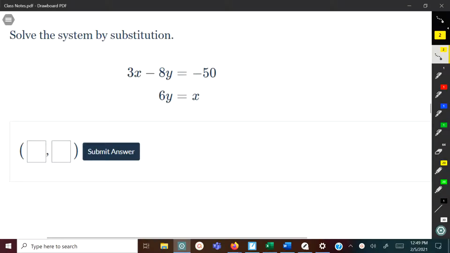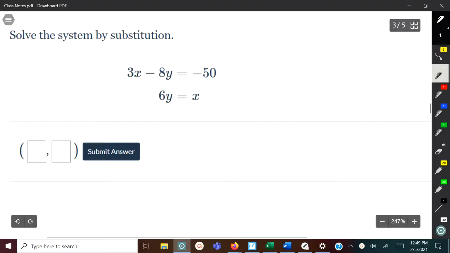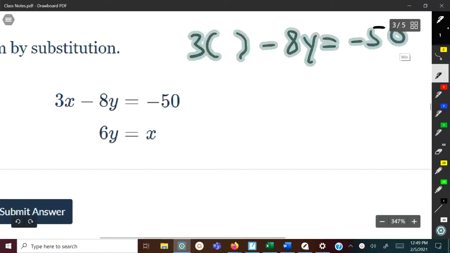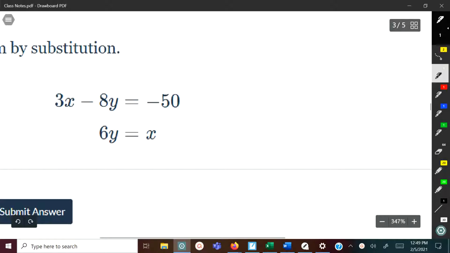I'm going to write out everything in this first equation without the x here. I'm going to have a little space for it. So I have 3 times x minus 8y is equal to negative 50.